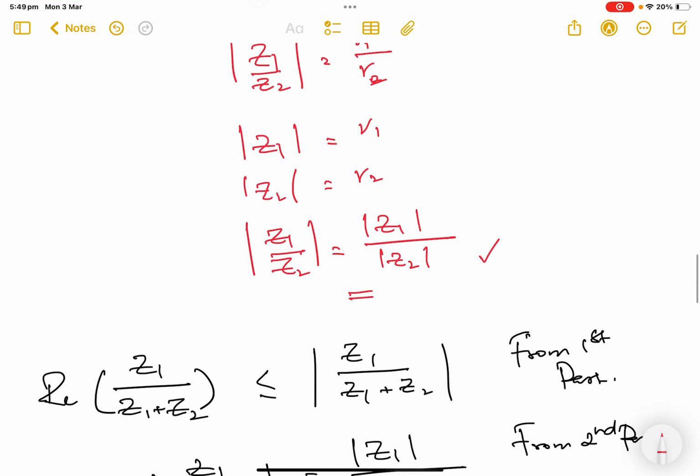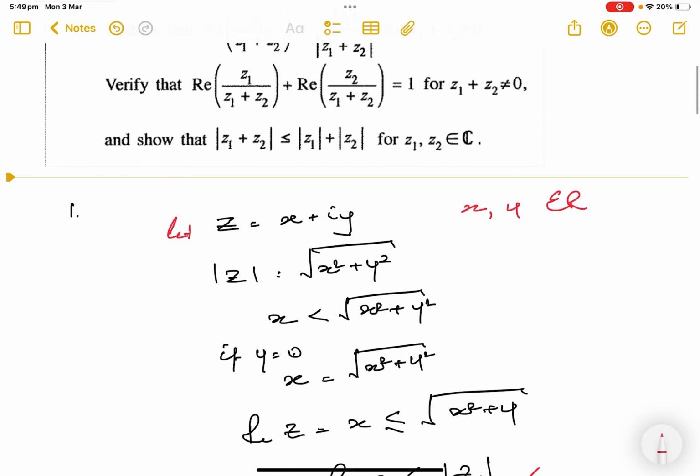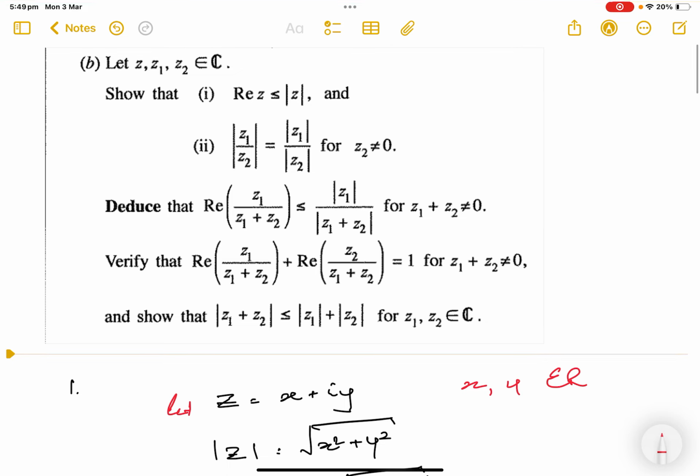Right. Second part, or the next part: deduce that the real part of Z1 over Z1 plus Z2 is less than or equal to modulus Z1 over modulus Z1 plus Z2. So the real part of Z1 over Z1 plus Z2 is, as I said, a complex.